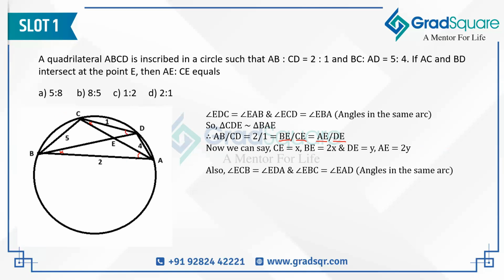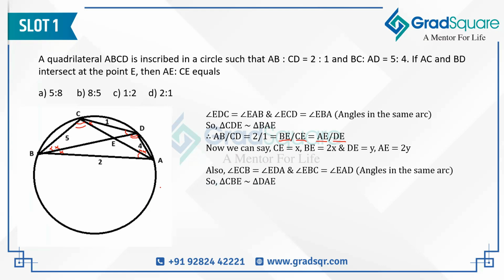Because the chord AB, for example, subtends both angle ECB and angle EDA. So these 2 angles will be equal. Also, the chord CD subtends the angle EBC and angle EAD. So these 2 angles will also be equal. So again, 2 angles are equal. That makes triangles BEC and AED also similar to each other.